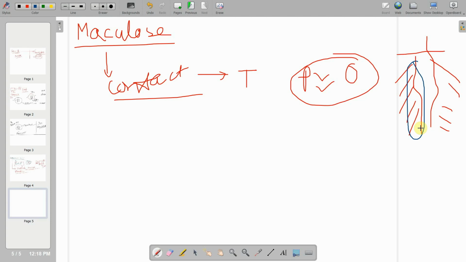That type of structure is generally macular. For a macular structure, two things are required. First, the existing rock before metamorphism should be argillaceous, meaning a finer-particle or clay-particle rock, and along with it there should be high temperatures.